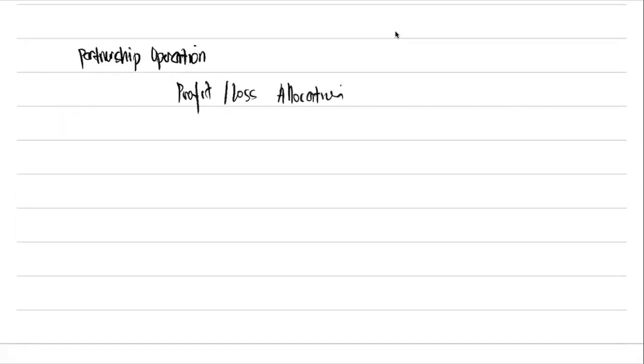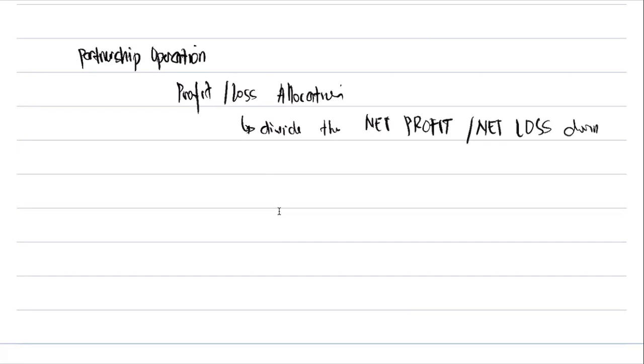So what is this profit or loss allocation? When we say profit or loss allocation, we are now to divide the net profit or net loss during the period. Remember the definition of a partnership, wherein they have the intention of dividing the profits among themselves.